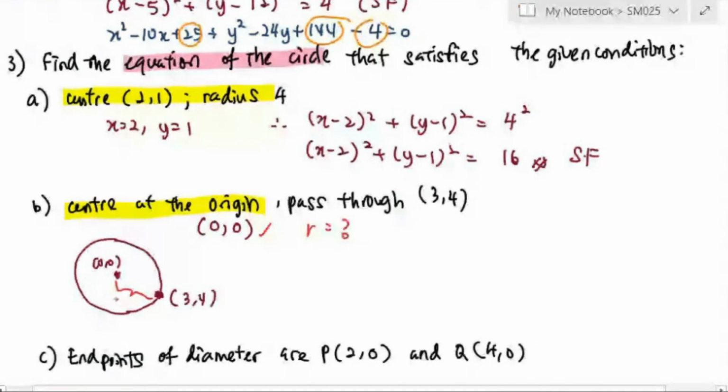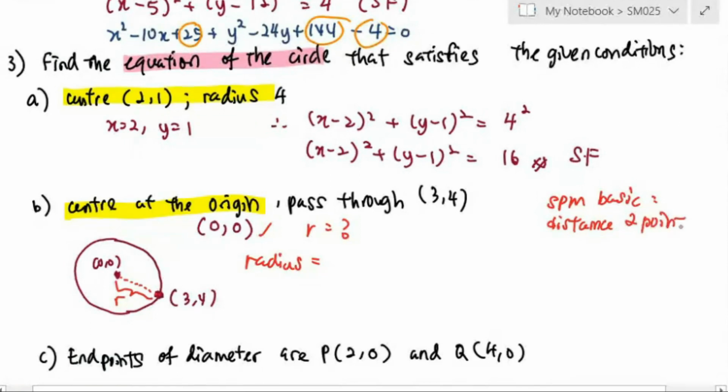What we can see here, I want to find my circle. I have the center, and at the same time I must find out the radius. So the radius here needs your SPM knowledge. It will be the distance between 2 points. You can see my radius forms the distance between 2 points. When we're finding the distance between 2 points, the formula will be the square root of (x1 minus x2) squared plus (y1 minus y2) squared. So radius will be the square root.